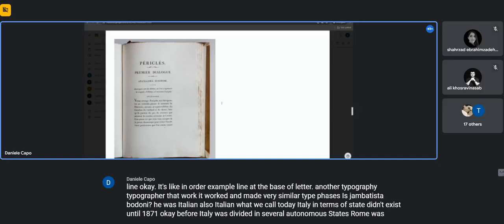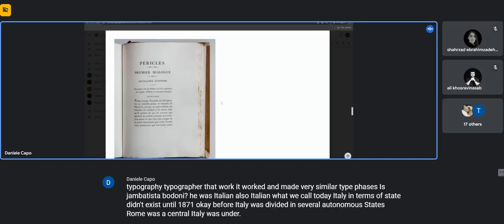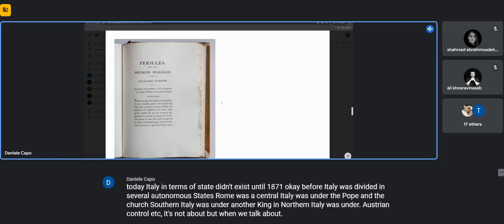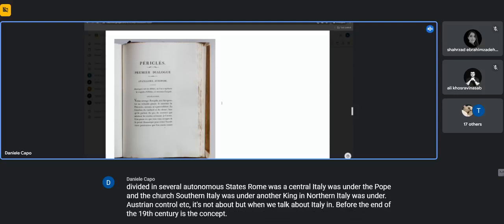Central Italy was under the Pope and the Church, southern Italy was under another king, and northern Italy was under Austrian control, etc. It's not important, but when we talk about Italy before the end of the 19th century, it is more a cultural concept than an actual thing.